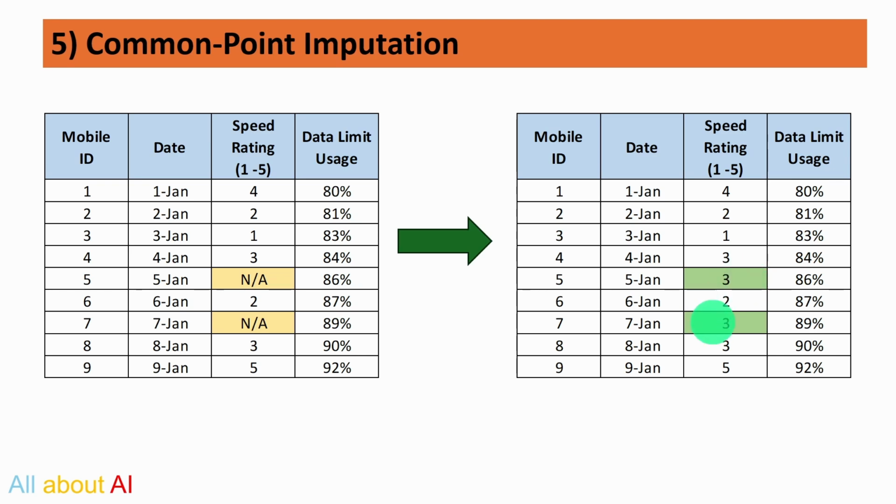So here we have used 3 as the replacement. This is similar to mode, but mostly used in ordinal values, and its drawback is also similar to mode imputation. Code is similar to mode imputation, so I'm not going to show this code separately.